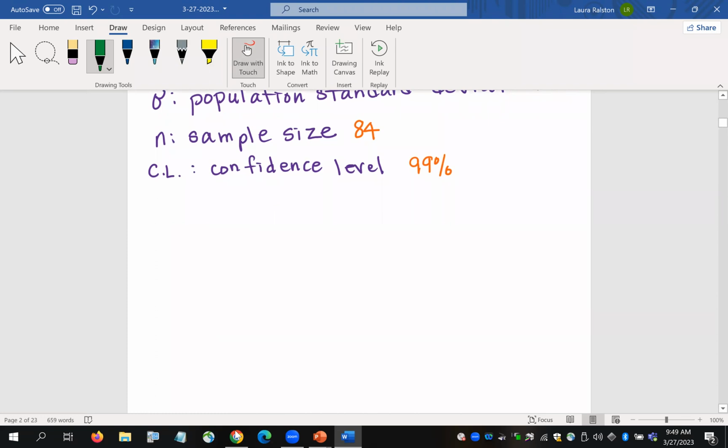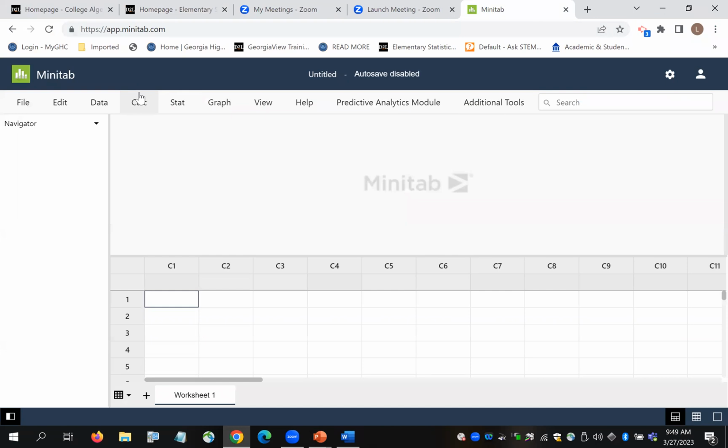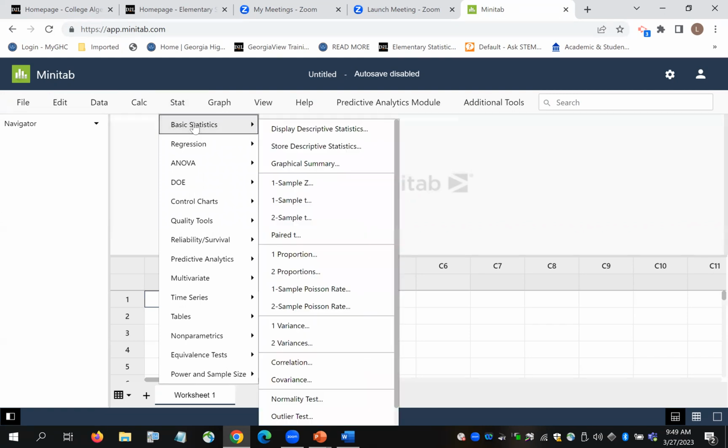All right. So going over to Minitab, we would do Stat, Basic Statistics, 1-Sample Z. Again, we're using Z because we know the population standard deviation.